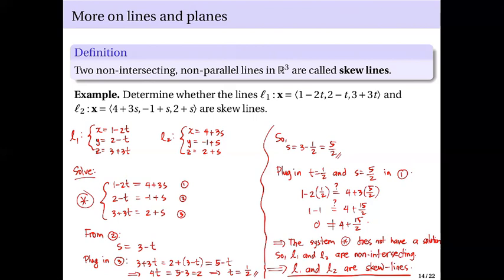For parallelism, all you need to do is to check whether the vectors to which each line is parallel to are parallel or not. And then for intersections, you need to solve this system.